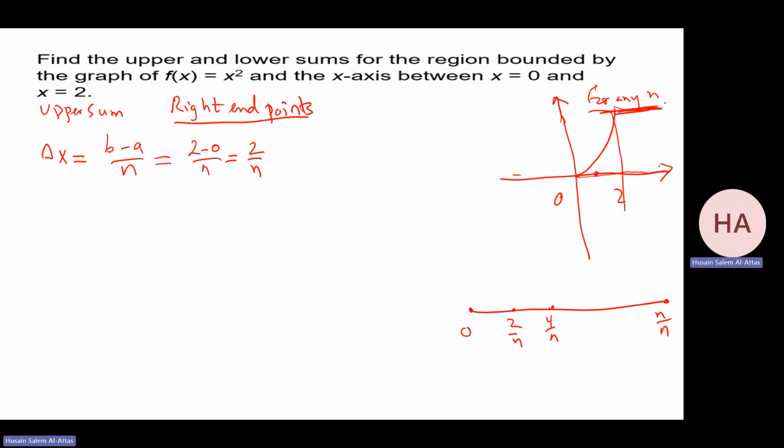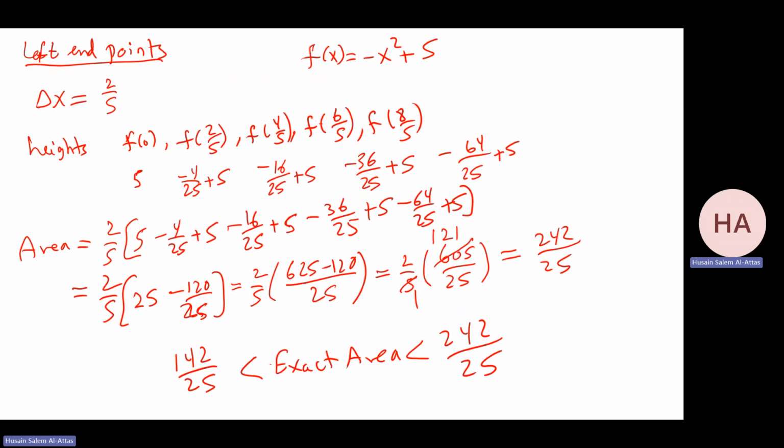So I have delta x equal this. Xi will be a plus i delta x. What is my a? It's 0, plus 2i over n. Actually, this is what we did, but we do it with values. So we have the same thing here.